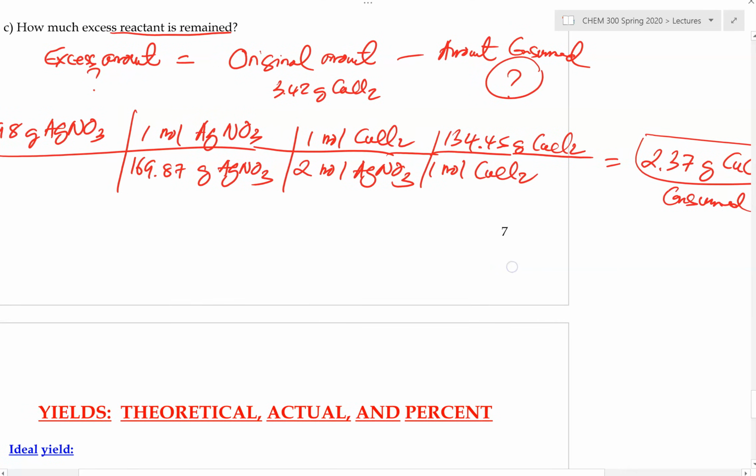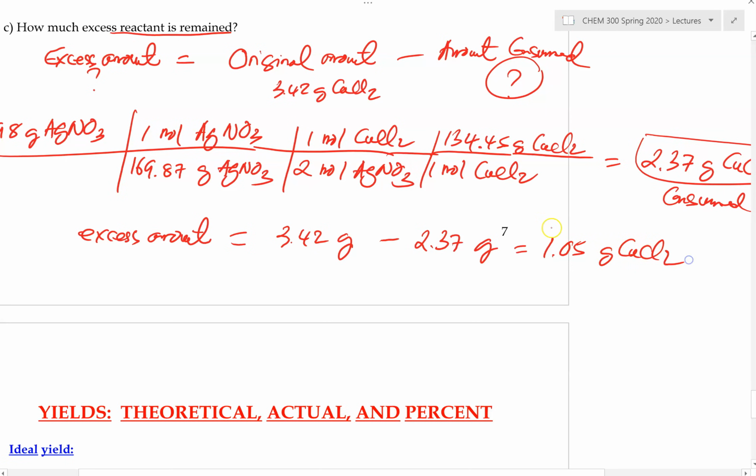And now to figure out the amount that is remaining, the excess amount, it would equal the original amount, which is 3.42 gram, minus 2.37 gram. That is the amount that we consumed. So we have 1.05 gram of copper 2 chloride remaining.